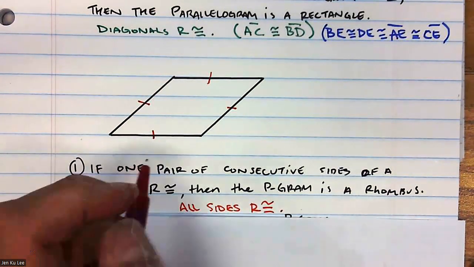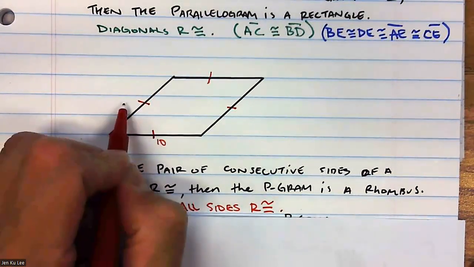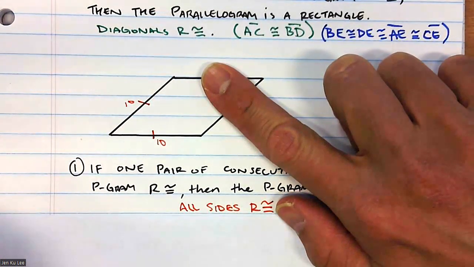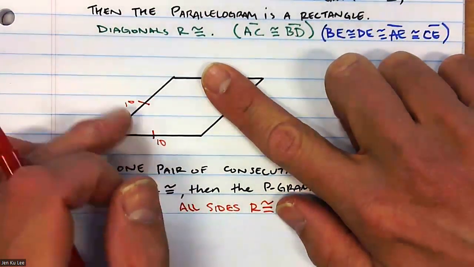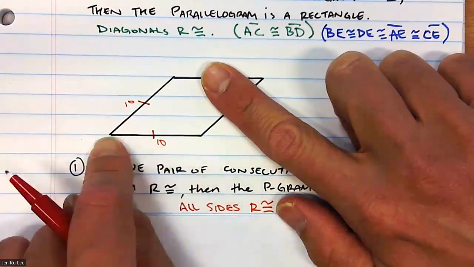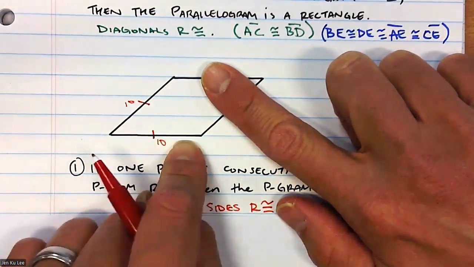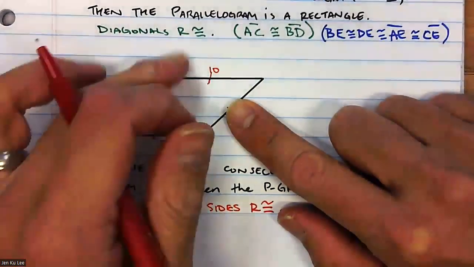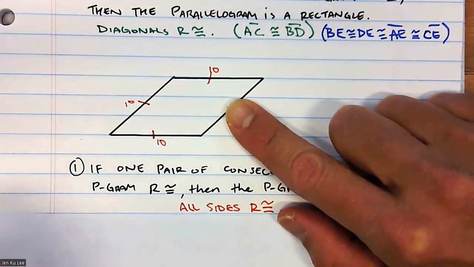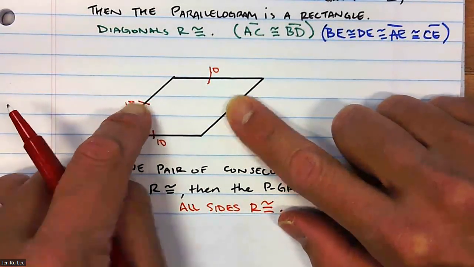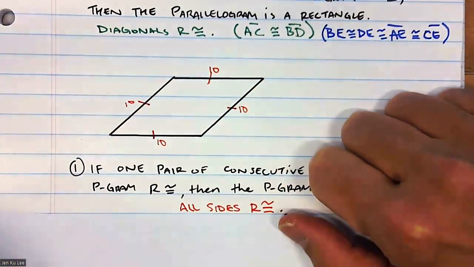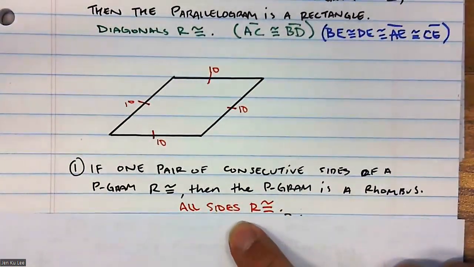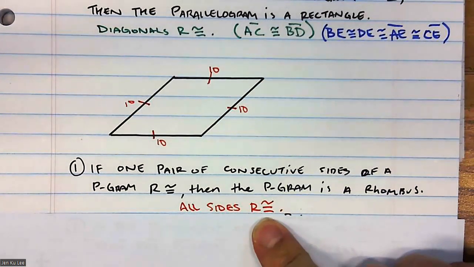Let's try and do that with numbers. Let's say that's 10 and that's 10, and that's given to you. If this side is 10 units long, then this side is 10 units long because opposite sides are congruent. So they're all 10 units long. That's why the characteristic here is all sides being congruent to each other.